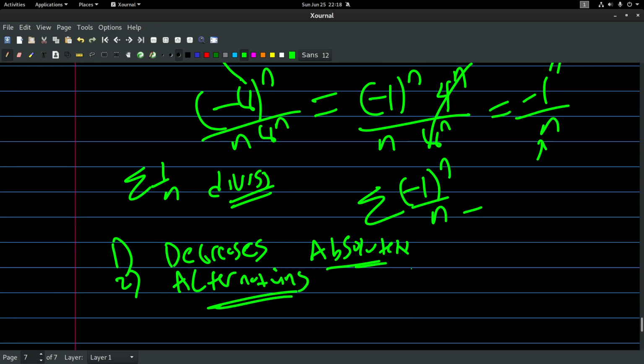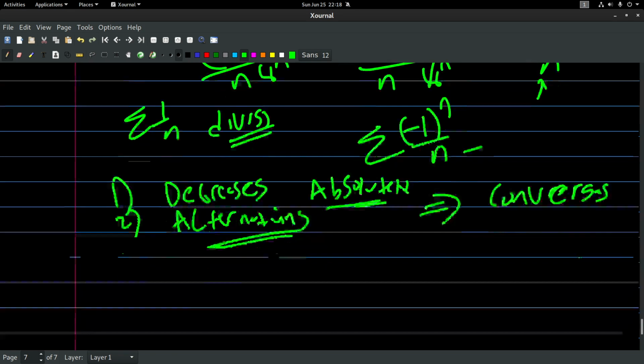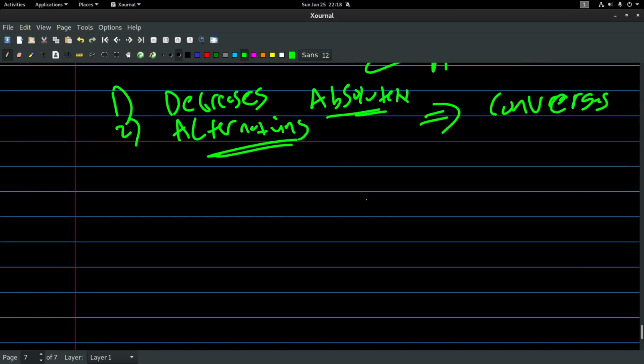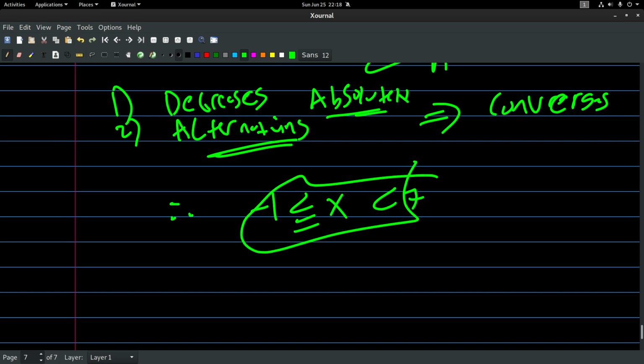Therefore, it converges. So therefore, negative 1 less than or equal to x less than 7 is the interval of convergence.